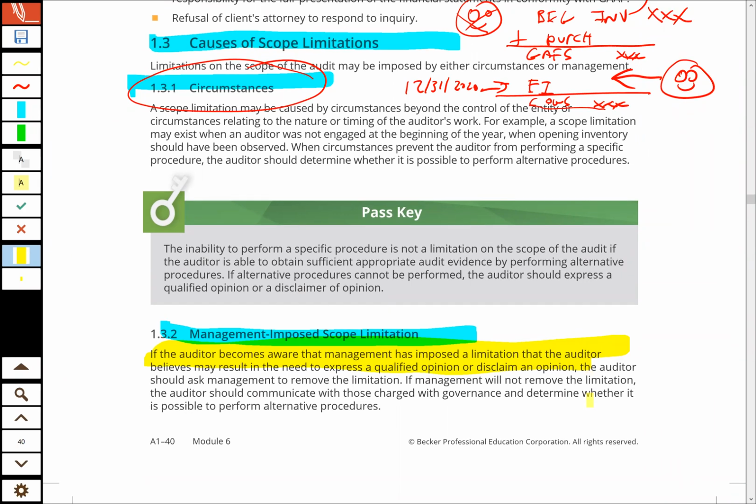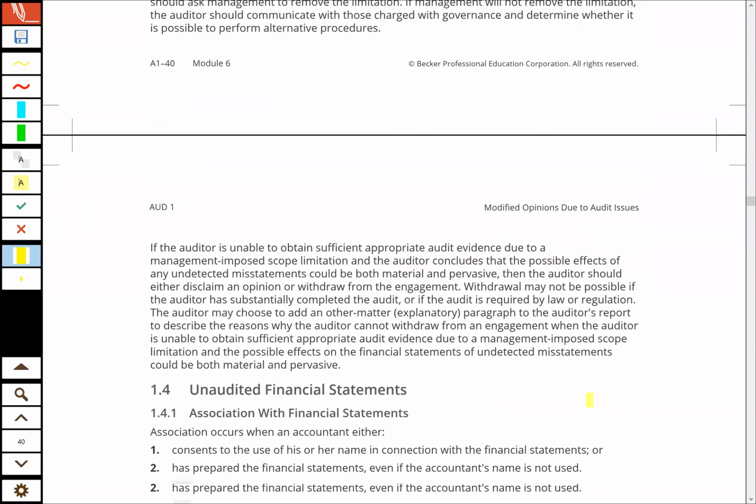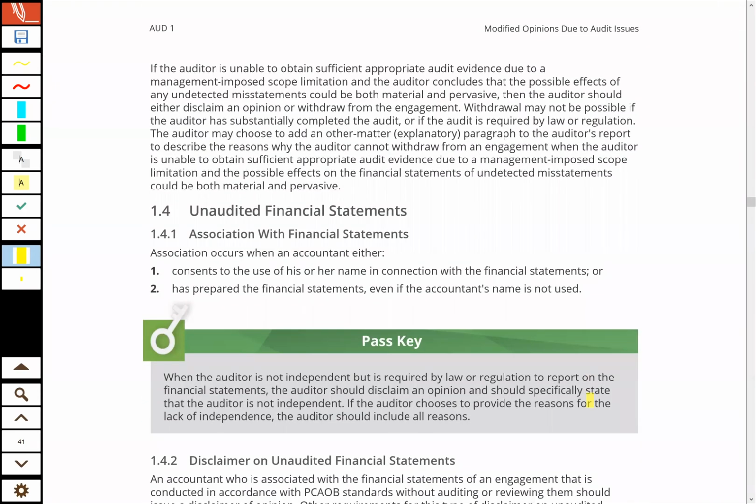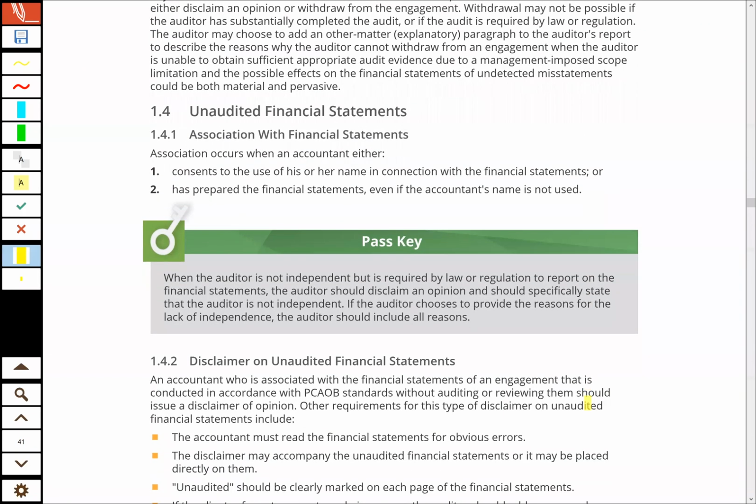Okay, now, sometimes we will become associated with financial statements and we are not going to issue an opinion on those. If that's the case, then it is a requirement that we automatically disclaim an opinion.